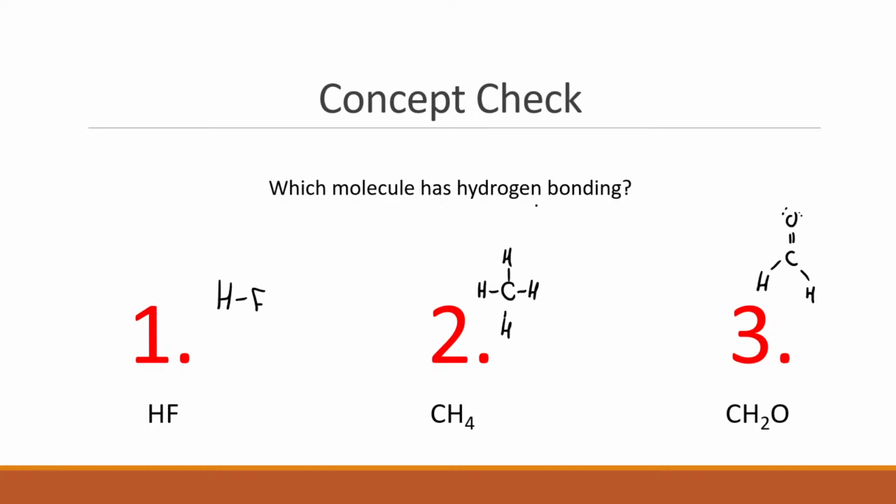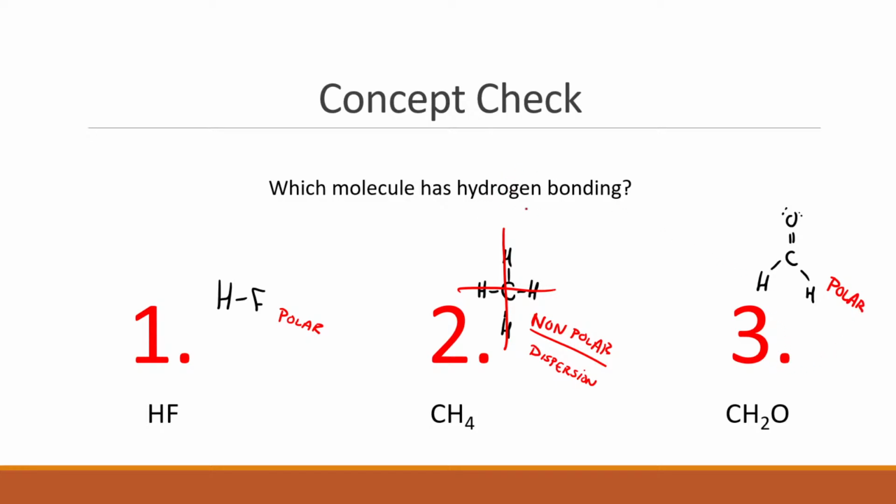Here, for hydrogen bonding, we are looking for a polar molecule, and so that eliminates CH4. CH4 is nonpolar, which means it has only dispersion forces. HF only has one line of symmetry, makes it polar. That's fantastic. That makes it in the running. Only one line of symmetry here in CH2O as well, which makes it polar.